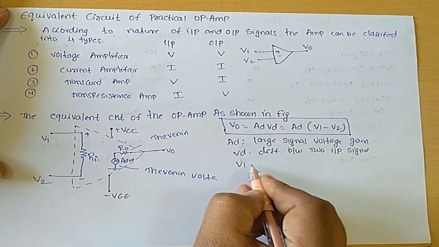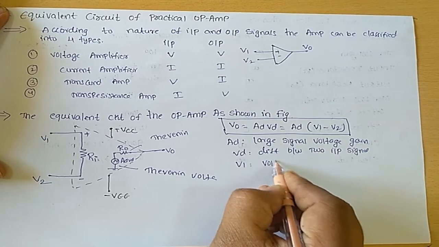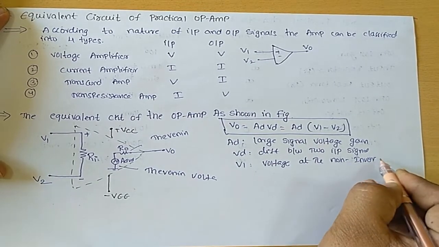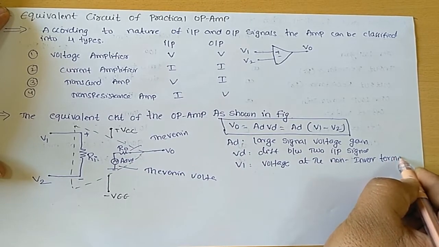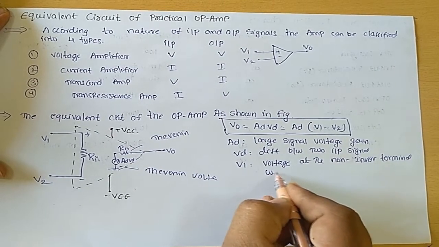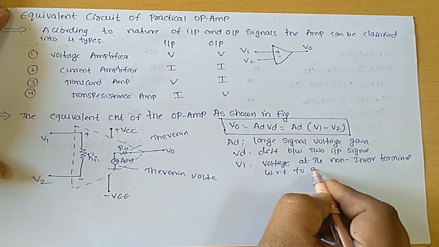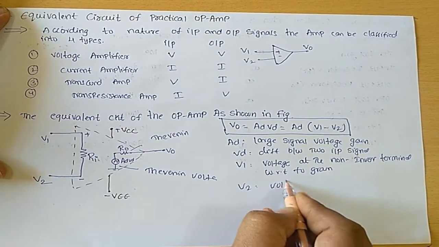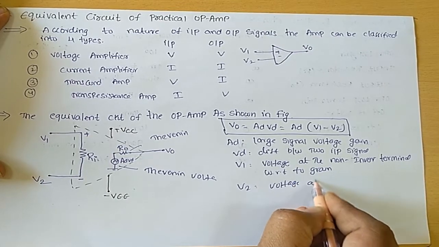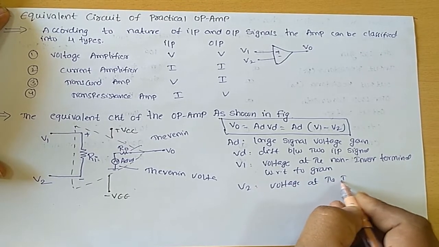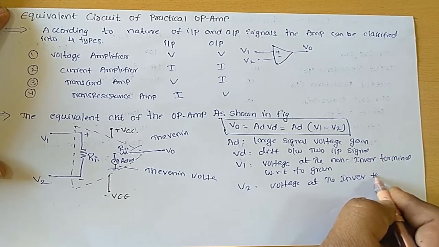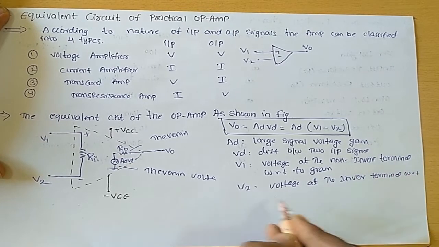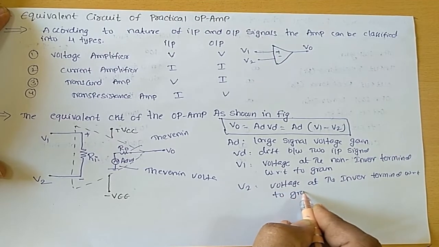V1 is the voltage at the non-inverting terminal with respect to ground, and V2 is the voltage at the inverting terminal with respect to ground.